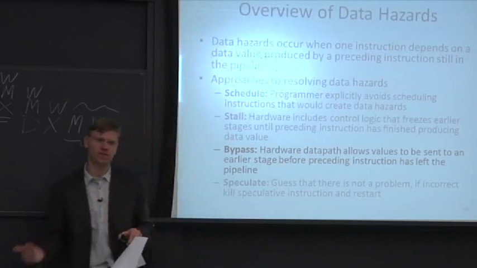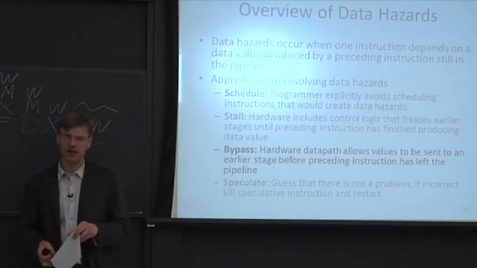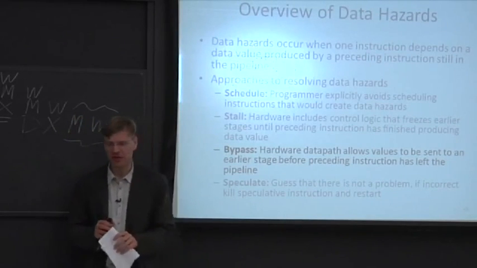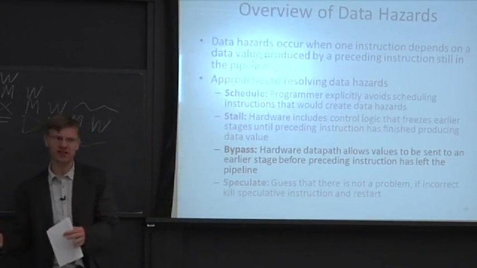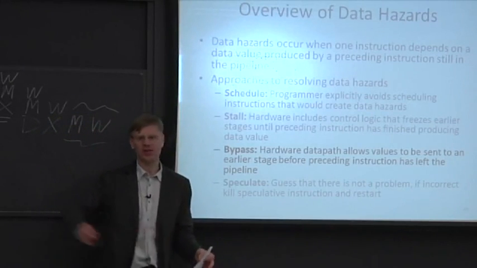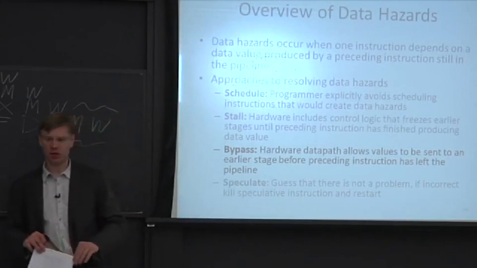So no place do we actually forward the data values early. And now we're going to talk about forwarding or bypassing, of how to add extra data paths to allow a value to be sent from a later stage to an earlier stage faster than having to wait for the write back of the pipeline to occur.